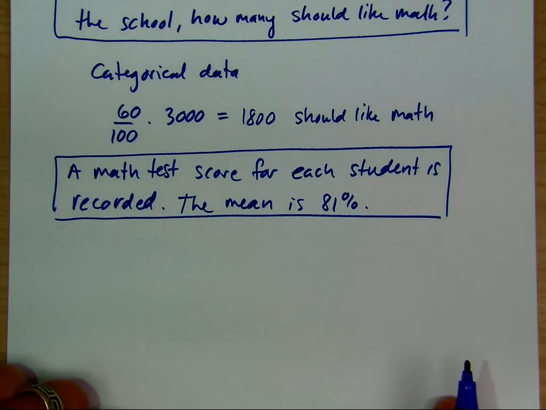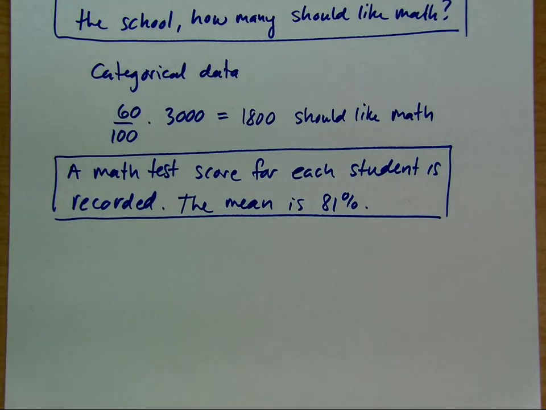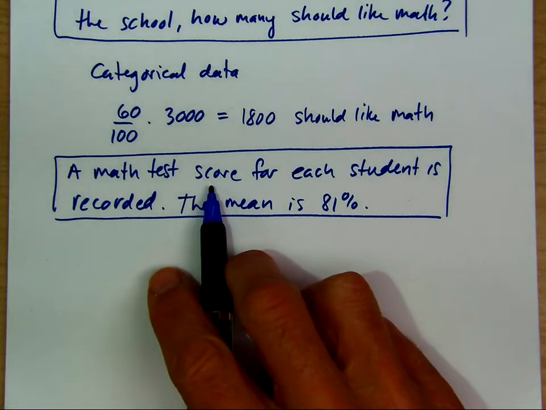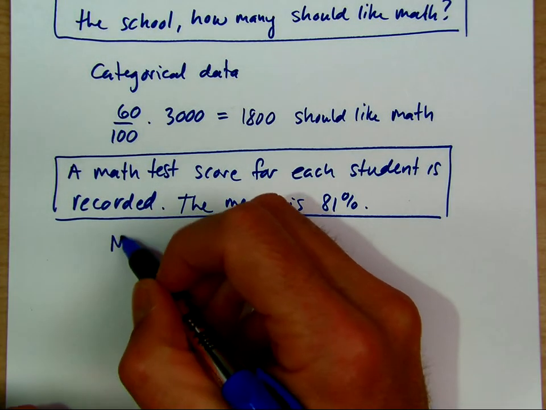Okay, and would this be numerical or discrete? So the score for each student is going to be numerical.